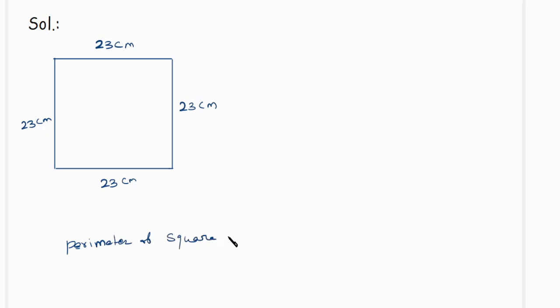Perimeter of the square is A plus A plus A plus A, or simply 4 into A. So A is 23 centimeter, so 4 into 23 equals 92 centimeter.